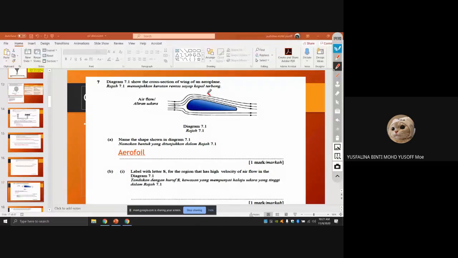So S should be here. High velocity, low pressure. This one, low velocity, high pressure. The difference in pressure will form the upward force that will lift the wing of the aeroplane.